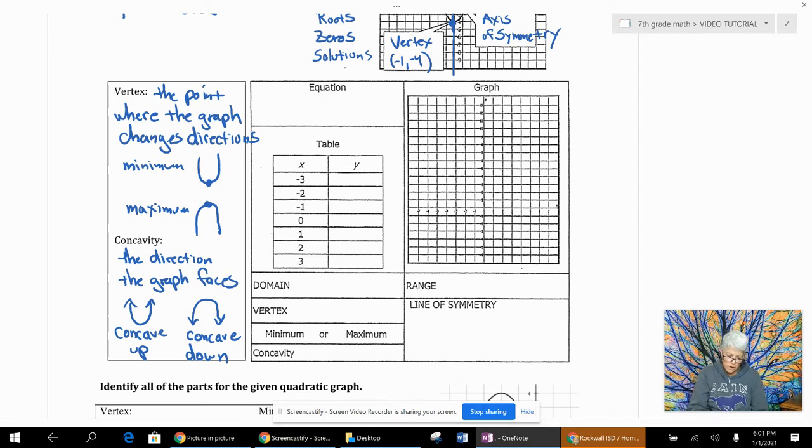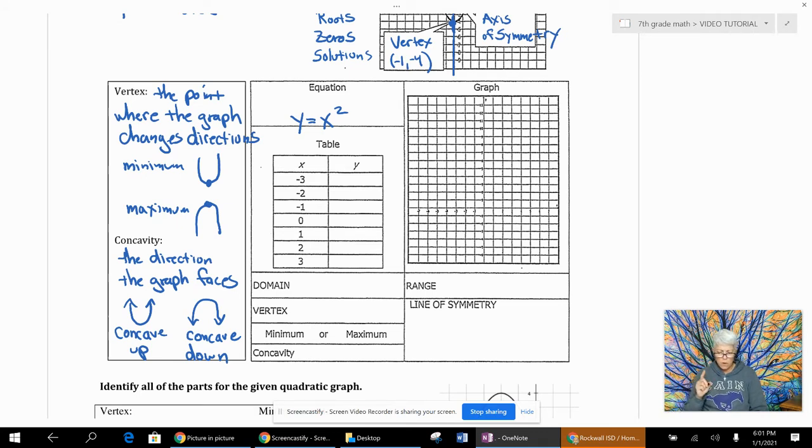All right, so the parent function, what is it? It's y equals x squared. So I created a table, or I copy pasted a table. And all the x points are just made up. If you're wondering where they came from, they're just made up points.